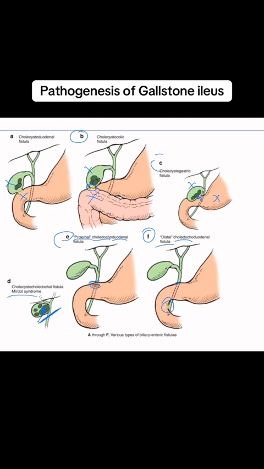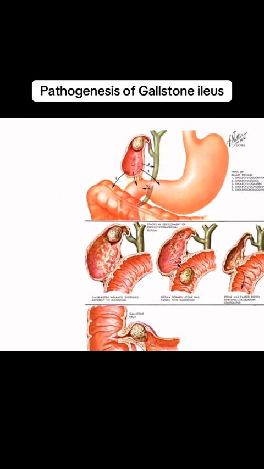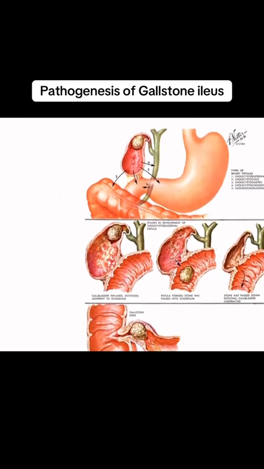So if there is a cholecystocholedochal fistula, so an abnormal connection, or if there is compression, you can have obstruction there leading to Mirizzi syndrome. So here is a good picture that kind of summarizes everything that we just talked about above.